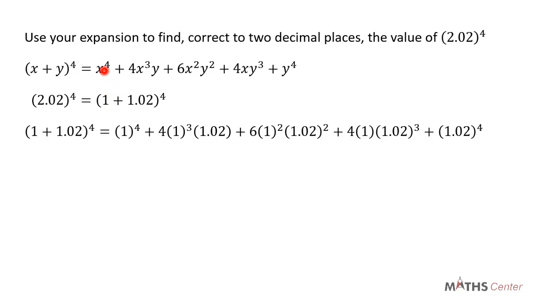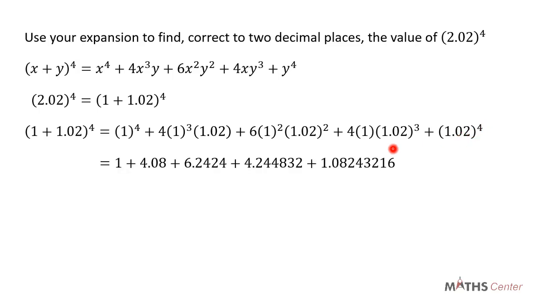So where we see x, we will replace it with 1, and where we see y, we will replace it with 1.02. So that gives us 1 exponent 4 plus 4 times 1 cubed times 1.02 plus 6 times 1 squared times 1.02 squared plus 4 times 1 times 1.02 cubed plus 1.02 exponent 4.